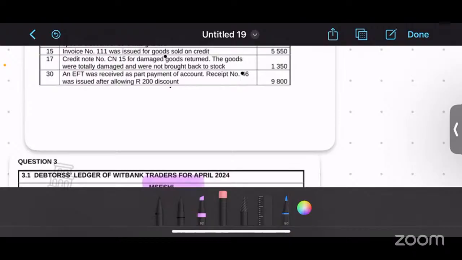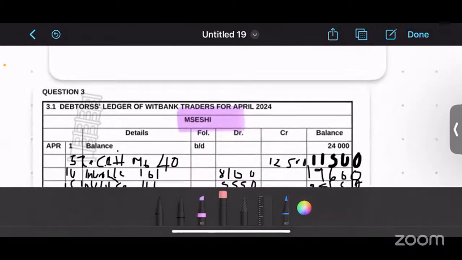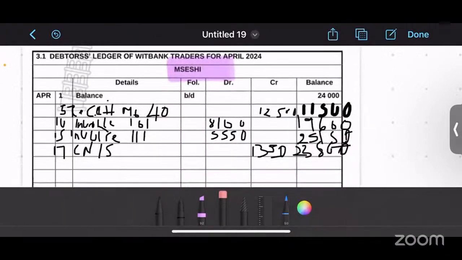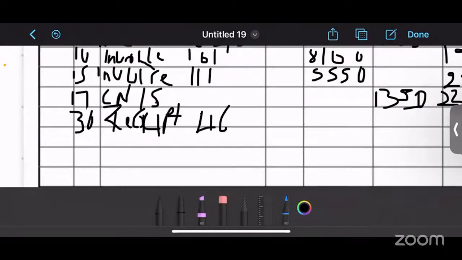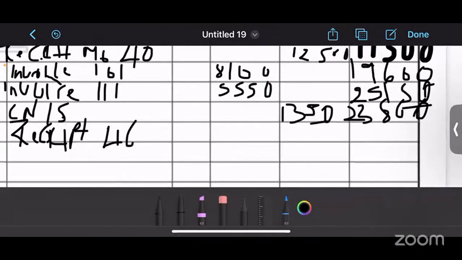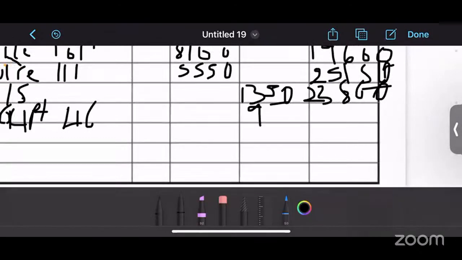Yes, ma'am. Perfect. So we're gonna go here and have our receipt. This is the 30th. And then we have receipt number 46, and we're going to have our 9,800.